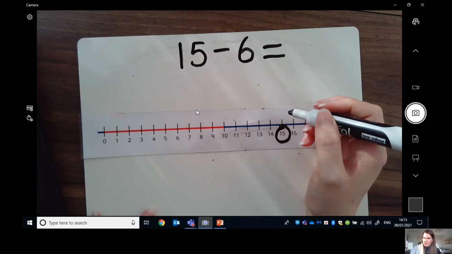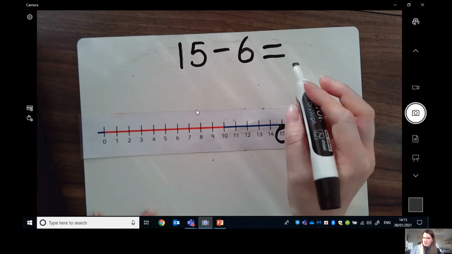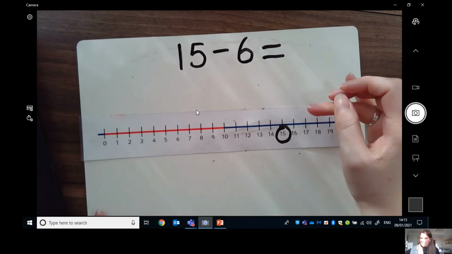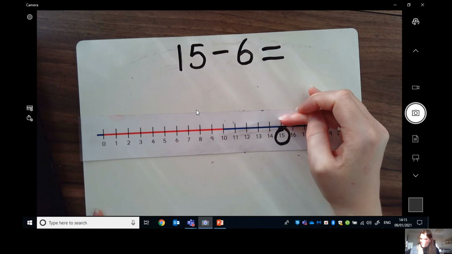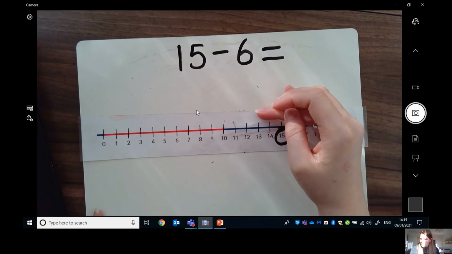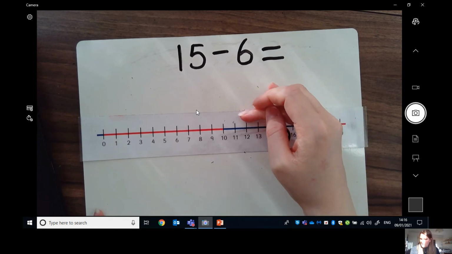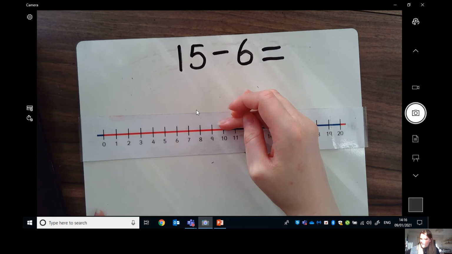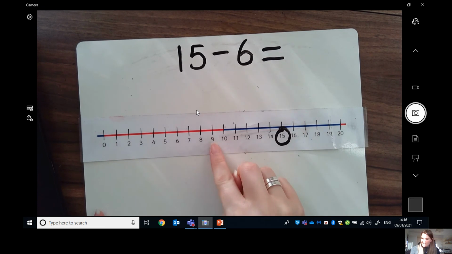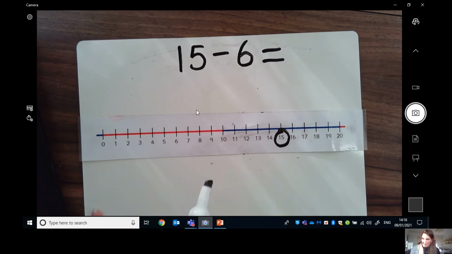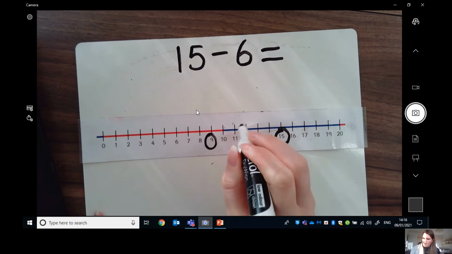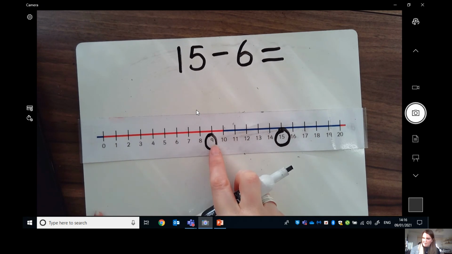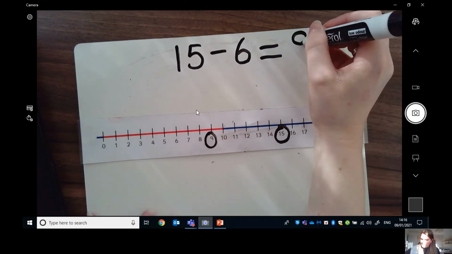So how many jumps do I need to make? 6. Okay, I'm going to make my 6 jumps. Are you ready? 1, 2, 3, 4, 5, 6. The number I landed on was 9. 15 minus 6 is 9.